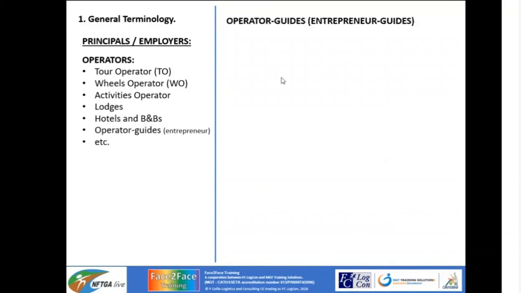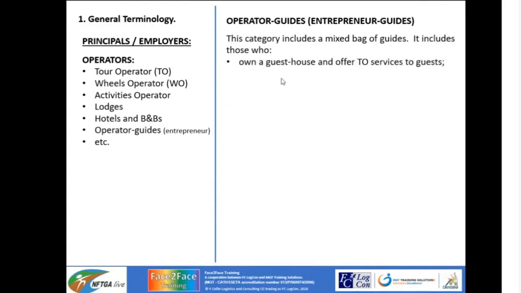Okay. Entrepreneur guides. This is a word that I was given yesterday. I always refer to them as operator guides. Now, you guys know that there's lots of different kinds of entrepreneur guides. You get the guys that own a guest house and they decided that they wanted to offer operator services to their guests. So they did a course and they registered as a guide.